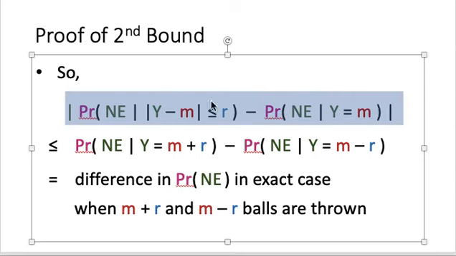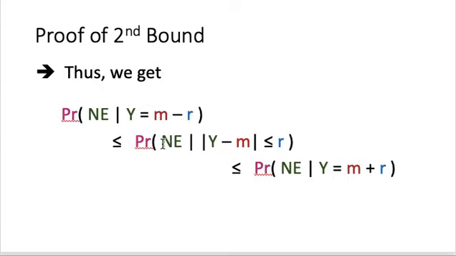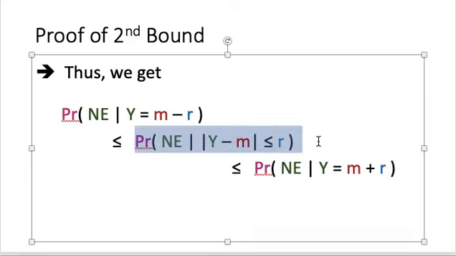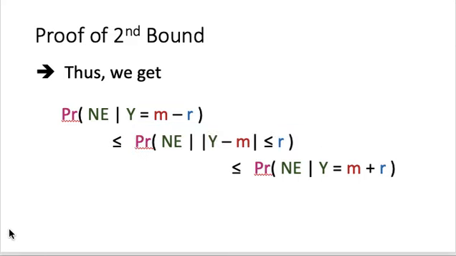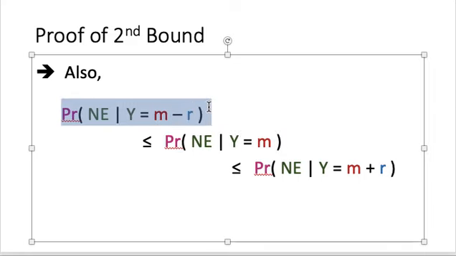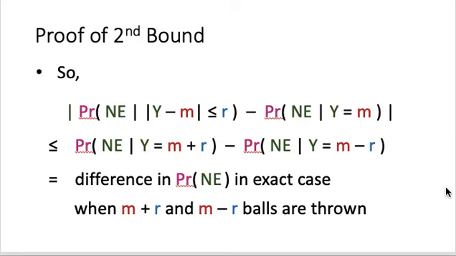So this is the difference of these two terms, right? Each of these terms, so this term that we want to find and this term that we want to find, right? So we want to find the difference of them. Each of these terms is bounded by this one and this one. So the difference or the distance cannot be more than the distance of this term and this term. Okay? So this is what we want to claim.